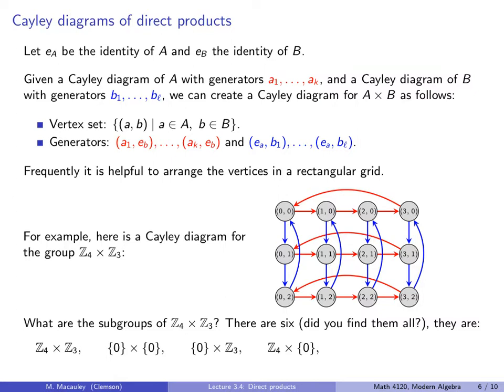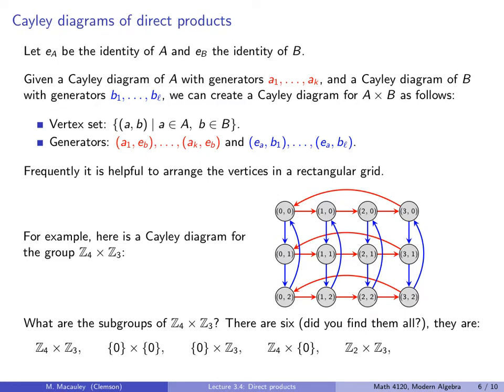Now there are actually two more subgroups that are a little bit trickier to find if you just look at the diagram. Let me show you what they are. Z2 cross Z3. I have to point out that I'm being a little bit sloppy here. When I say Z2, I mean the subgroup of Z4 consisting of the elements 0 and 2, which is isomorphic to Z2.